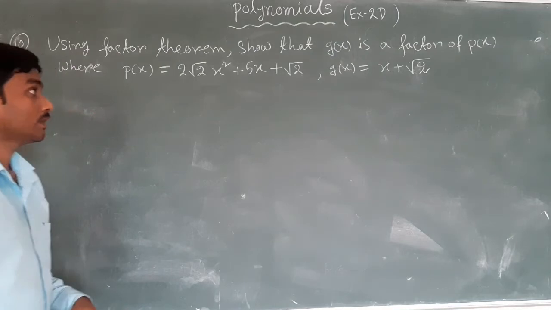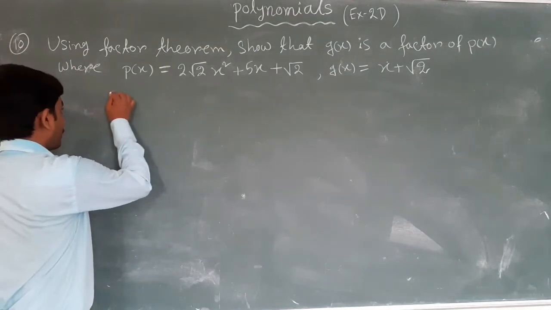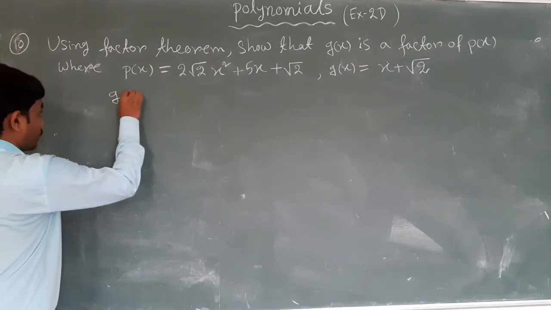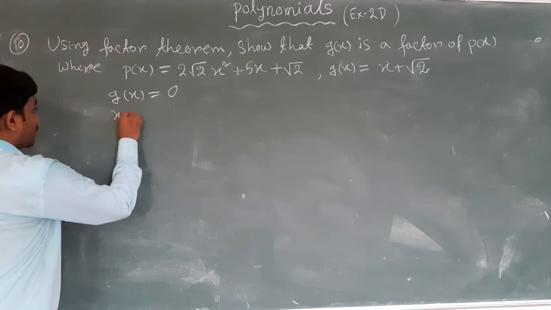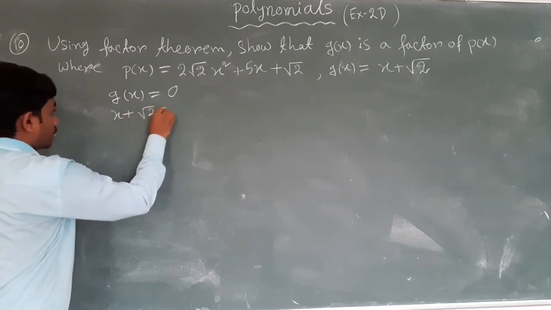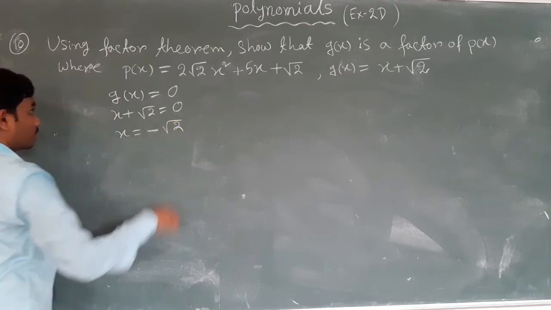To find it, we solve the equation g(x) equals 0, that is x plus root 2 is equal to 0, x equal to minus root 2.